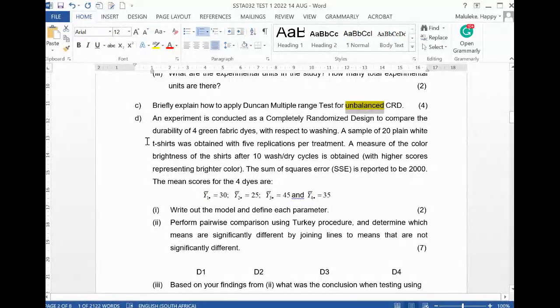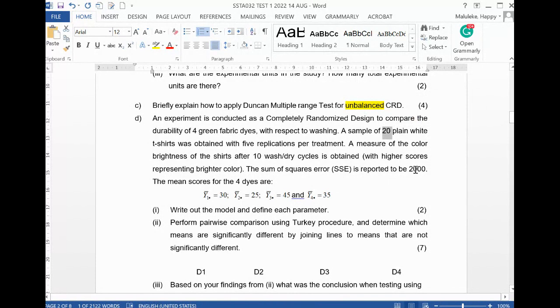D, you are given 4 treatments. Yes, 4 treatments. An SSE of 2000. SSE of 2000. And your N is 20. So you'll need this information, guys.